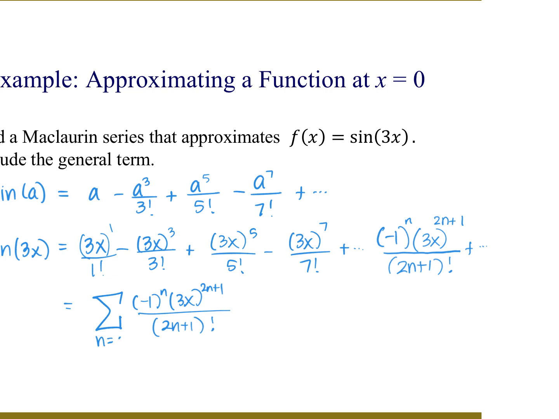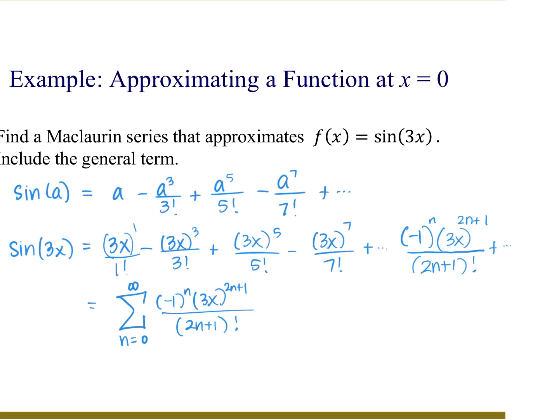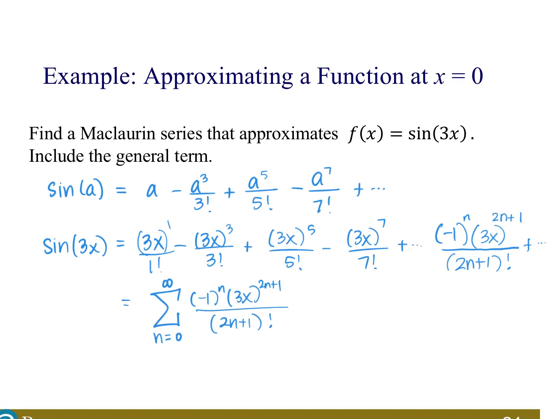You need your n to start at 0 and then go on to infinity. So that would be how we would generalize that. Remember how we struggled with this last module at the end, like creating these, okay? Hopefully now you're going to get better at them, seeing them again.